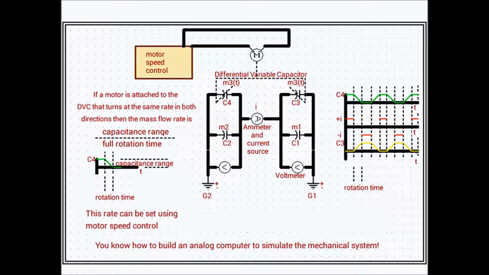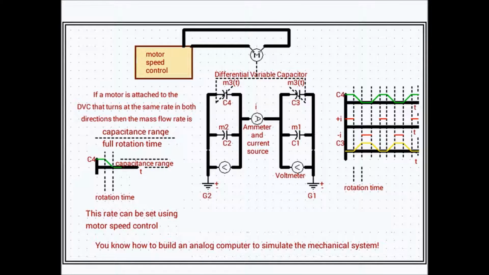This rotation time can be seen in the waveform as the area between the dotted line. This is the time where the capacitance is sloping up or down. That is the full rotation time. And we can use this motor speed control to set this rate at a desired value.